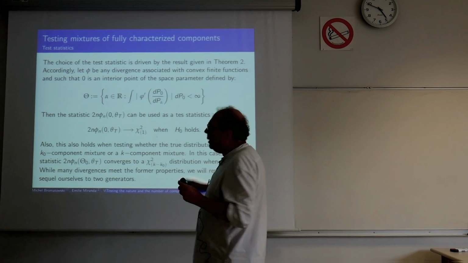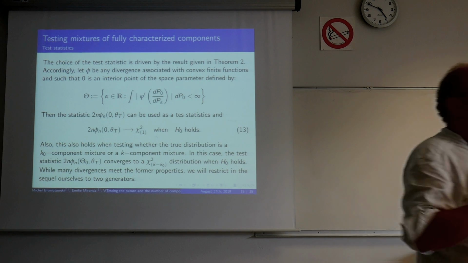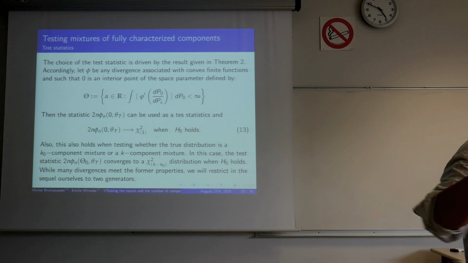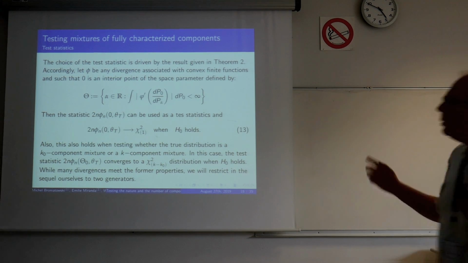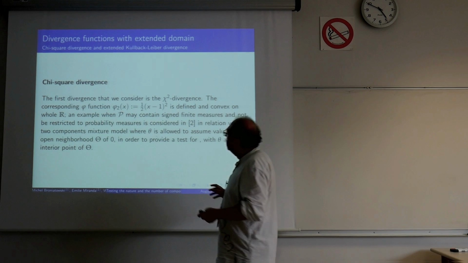First of all, the divergence should be such that the domain of the function phi would also include negative numbers, because we want indeed to have those new models or kind of models. So what we have chosen is to take two examples.